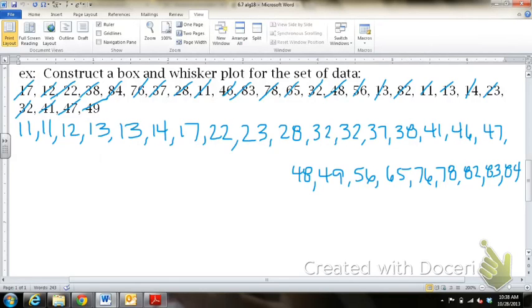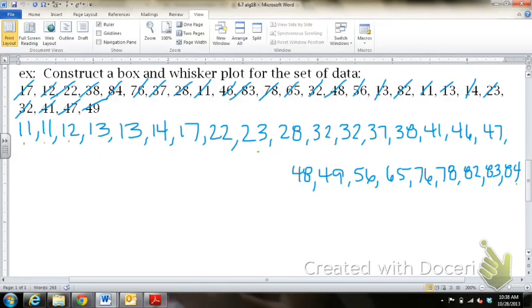Looks like it. Okay, so let's start figuring out all of our medians and our quartiles. So 1, 2, 3, 4, 5, 6, 7, 8, 9, 10, 11, 12, 13, 14, 15, 16, 17, 18, 19, 20, 21, 22, 23, 24, 25, 26 numbers.